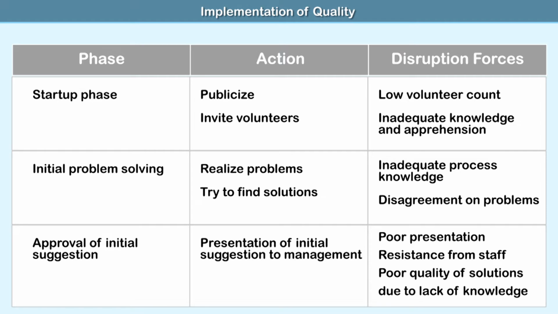Quality circles, implementation of quality circles in an organization. There are 3 stages: phase, action and disruption forces. Phase 1 is the startup phase.